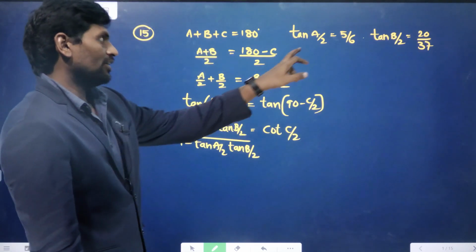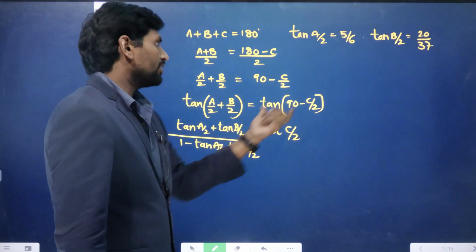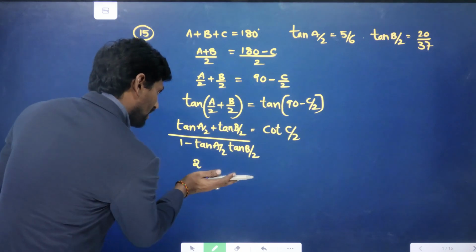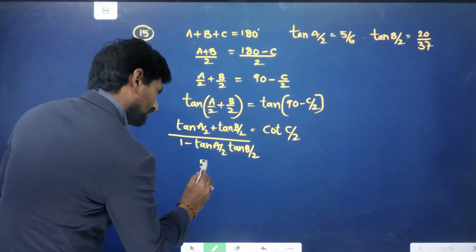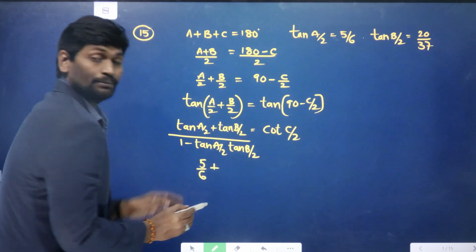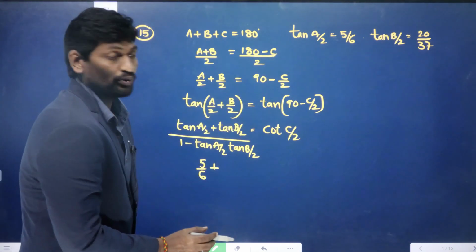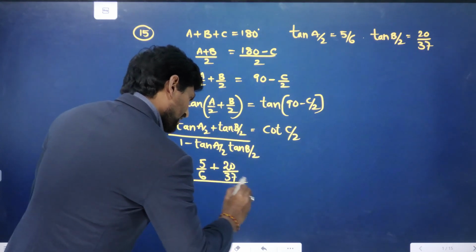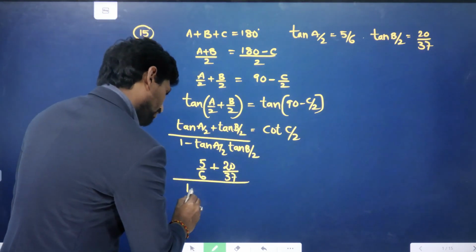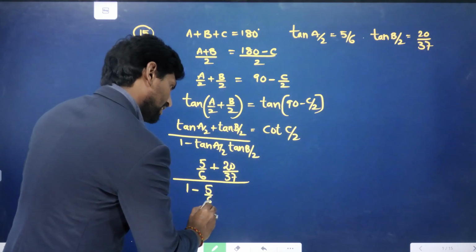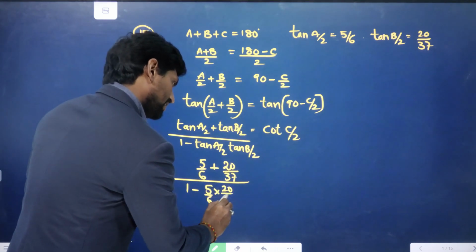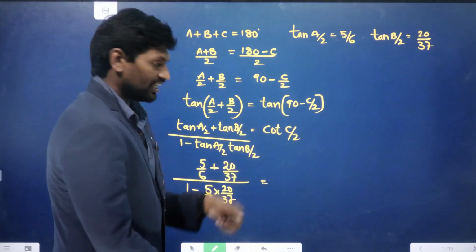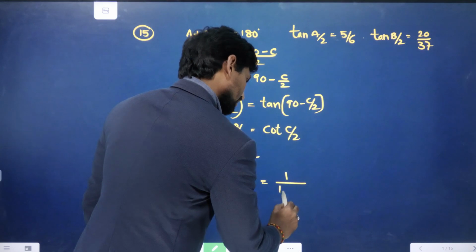Because tan(A/2) value I know is 5/6, and tan(B/2) value is 20/37. So in the place of tan(A/2), I can write 5/6, plus in the place of tan(B/2), I can write 20/37, divided by 1 minus 5/6 into 20/37. And cot(C/2) I can write as 1/10.